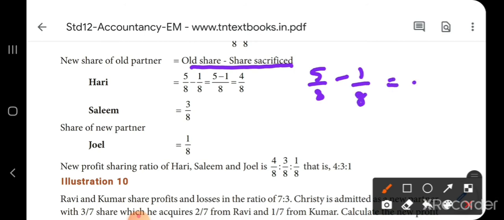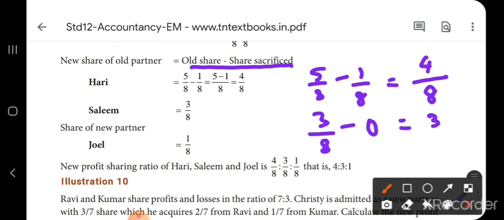Okay. Since the denominators are the same, you take the same denominator. 5 minus 1 is 4. 4 by 8. Now for Salim, the old share is 3 by 8. He is not sacrificing anything. That means his new share is also 3 by 8. Now for Joel, the new partner. Okay. How much is he getting? 1/8 from Hari. So what is the new profit sharing ratio now?